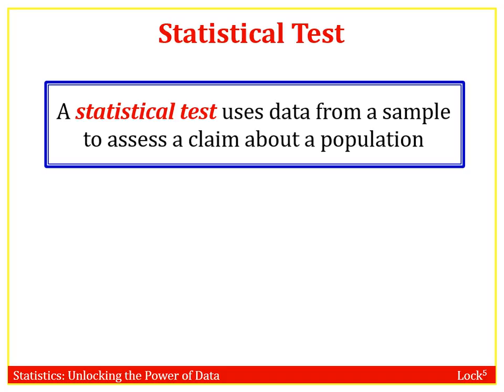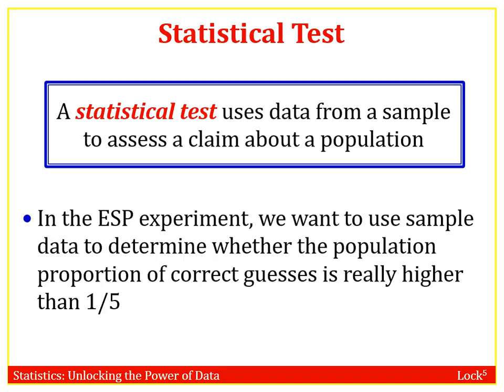And we do that to be able to determine about the claim that we have about our population. In this case, if yes, there is ESP, or no, there is not. So for this experiment, we want to see if our proportion is really a fair amount higher than 1/5.